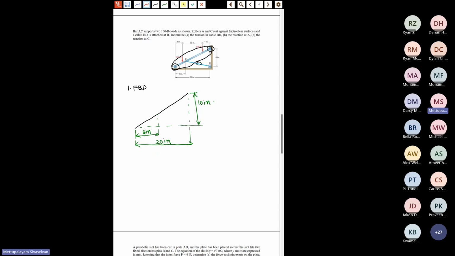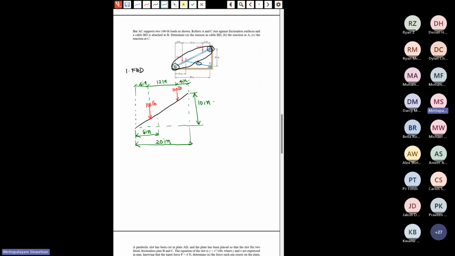And then we have a 100-pound force here, and another 100-pound force here. And those distances are 4 inches, 12 inches, and 4 inches. Okay, all right. So what are the reactions now?